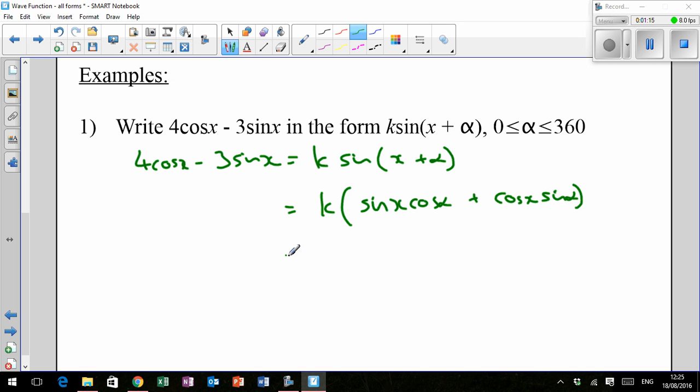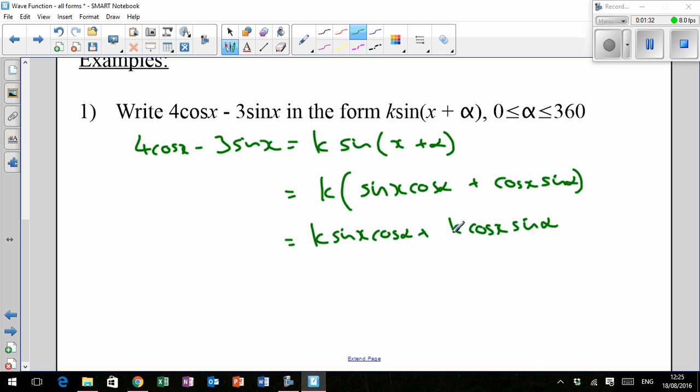So when you multiply it by the k, it's k sin x cos alpha plus k cos x sin alpha. You need to be really careful when writing this out. You need k's at the end of both, or else you lose marks, maybe even 2 marks later on, by making a mathematical inaccuracy.